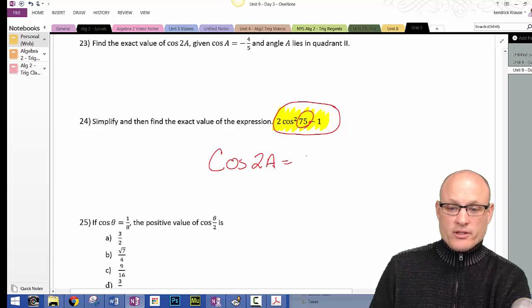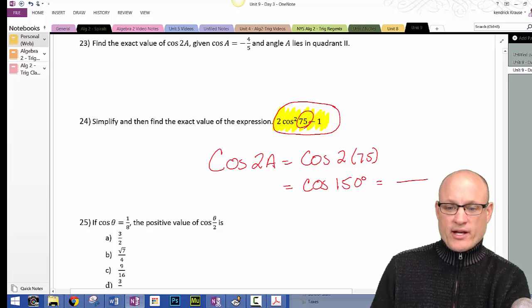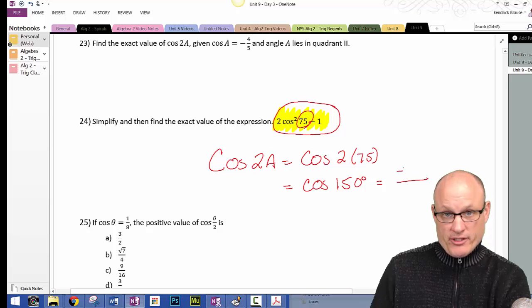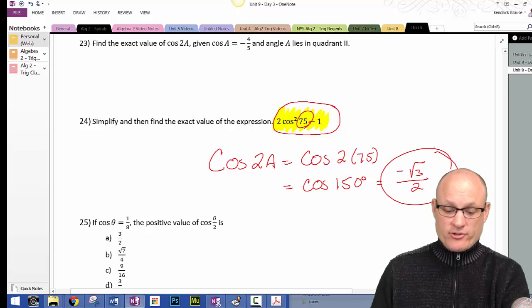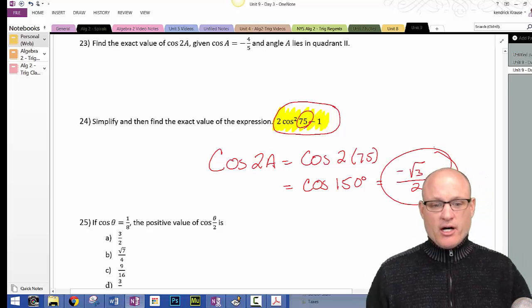So this is really cosine of 2 times 75. Well, 2 times 75 is 150. So this is really the cosine of 150. Let's see, we're in the second quadrant, so it's negative. It has a reference angle of 30. That makes it negative radical 3 over 2. There she is. Woohoo! All done.